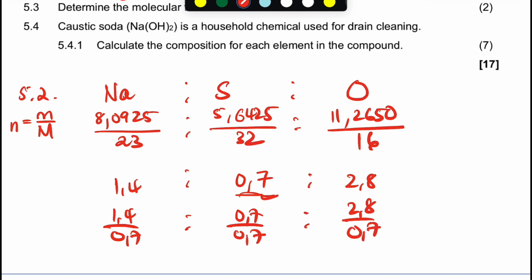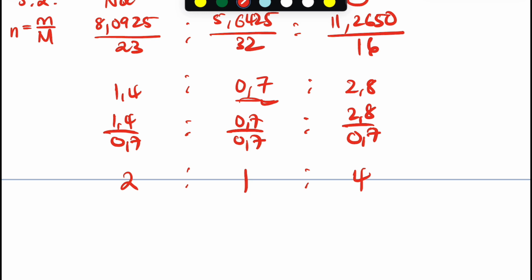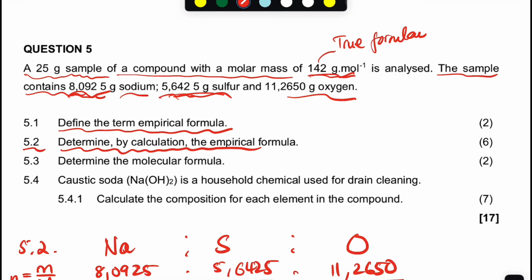So your answer there will be 2, here it will be 1, and in this it will be 4. So your empirical formula here, guys, will be sodium is 2, sulfur is 1, and oxygen is 4. That's the empirical formula there, guys. So we are done with 5.2.